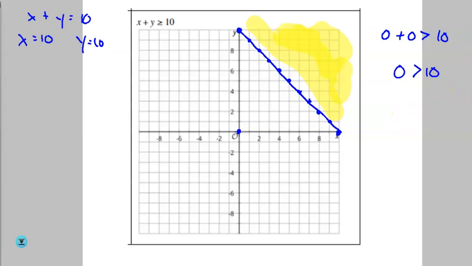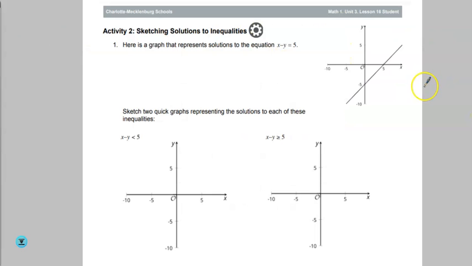All right, so look at activity 2, next page. Here's a graph that represents x minus y as 5. So here's x minus y equals 5. So sketch the inequality. Here is what represents these inequalities.